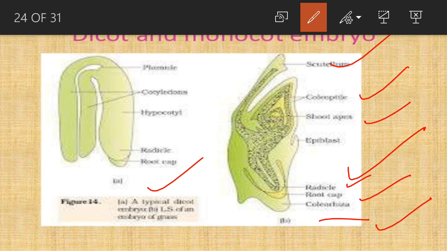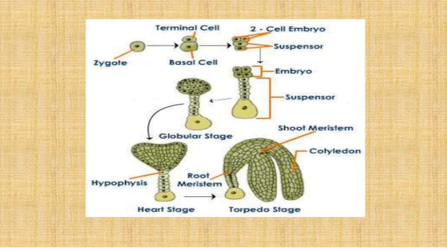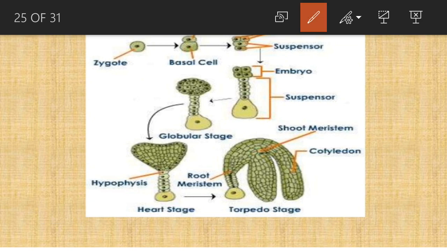Then this is the dicot embryo development: radicle covered by the root cap, then hypocotyl and plumule which will form the shoot, and there are two cotyledons. This is the diagram of development of the dicot embryo. The zygote divides into two cells, basal and terminal.